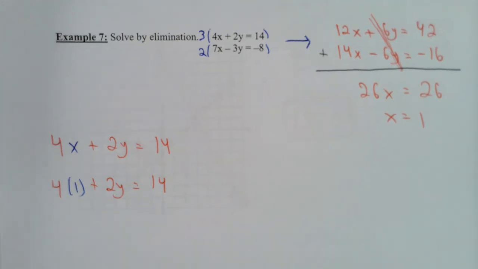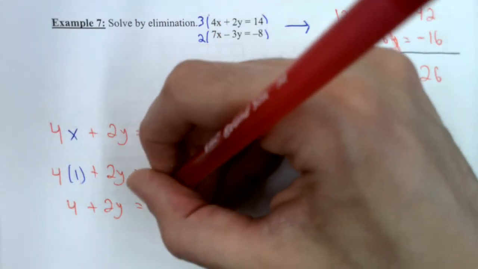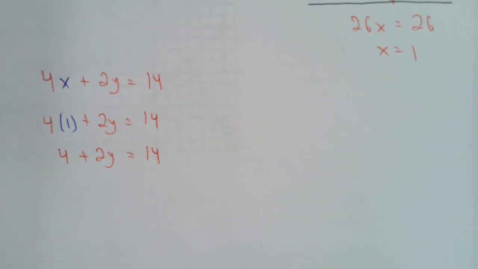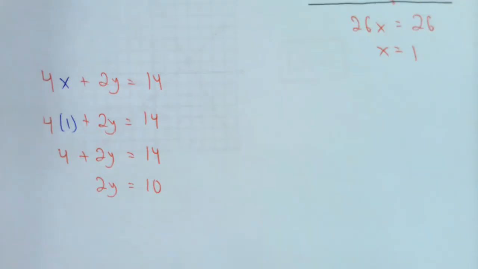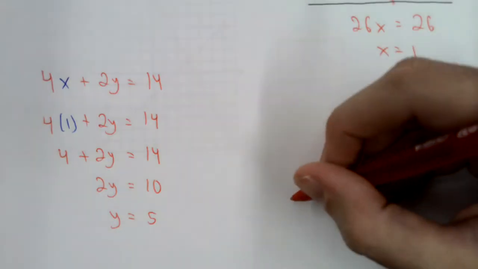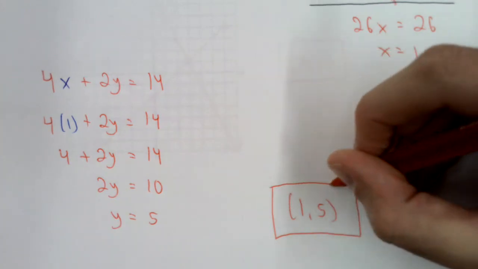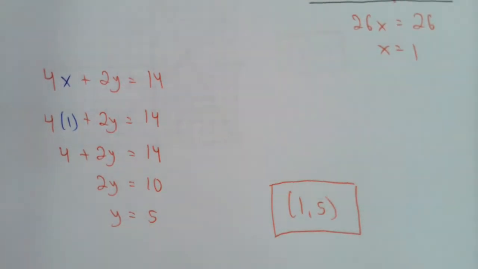Four times 1 is 4. 4 plus 2y equals 14. Subtract 4 on each side. 2y equals 10, and y equals 5. So the final answer is 1, 5. And those are the three ways to solve systems of equations.